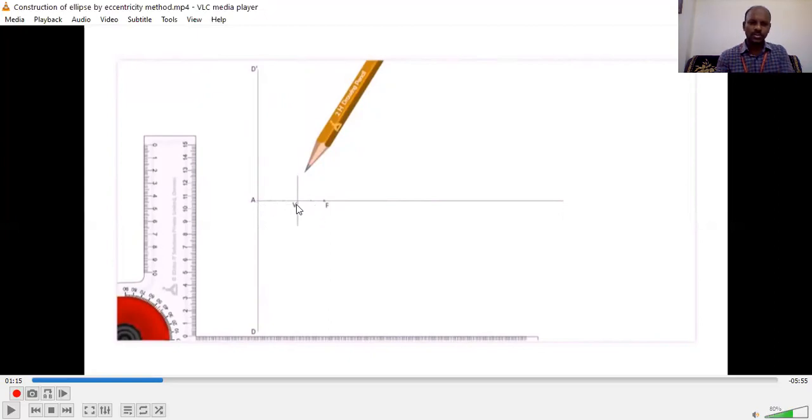This ratio 2/3 means VF divided by VA is 2/3. So for that reason, we have divided this length AF into 5 equal parts only. That is very important. The ratio 2 by 3 should not be altered. So that's why we need to divide this length into 5 equal parts, leaving 2 parts from the focus to locate the vertex V.